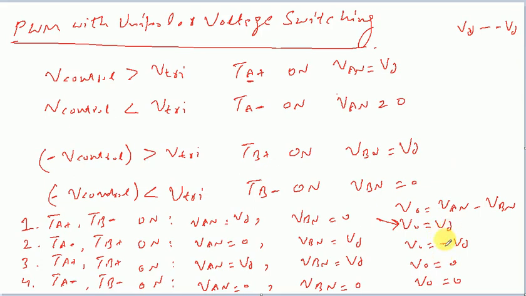This is why this voltage scheme is called unipolar: with respect to 0, it will be either going up to plus VD, or going down to minus VD.